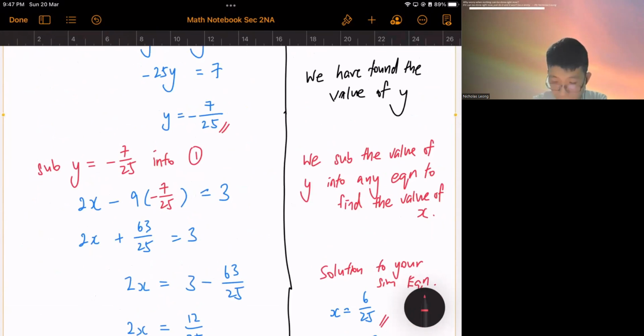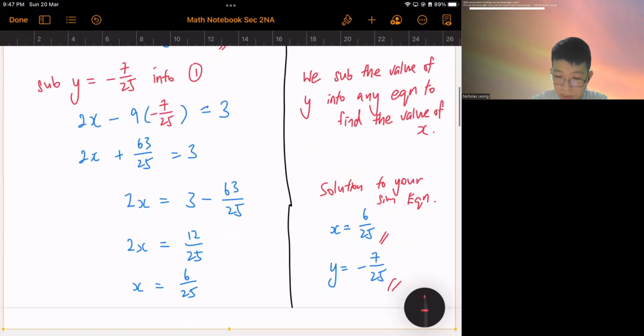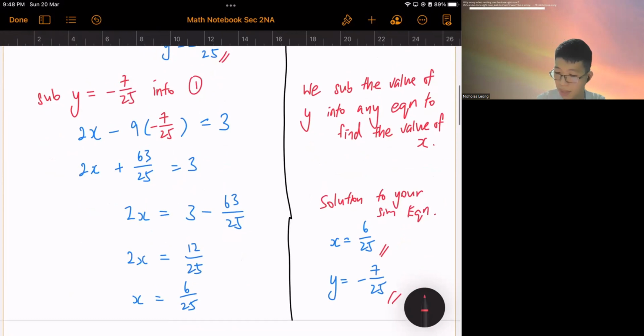For the y, I replace it with a bracket and put in the value of y, which is negative 7 over 25. After that, I multiply them out to simplify and rearrange the terms in the equation. Then you need to find the value of x. I simplify the numbers on the right side of the equation, and eventually I find the value of x. These will be the two numbers x and y for this simultaneous equation.